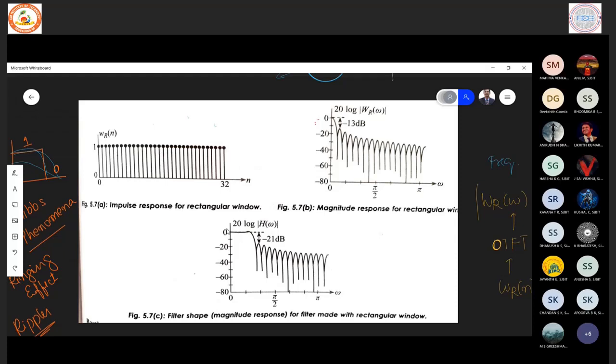H of omega is in dB scale, so the frequency response will look like this. From here you can see that the main lobe is quite wide, and the difference between the main lobe and the first side lobe is minus 21 dB. As we already stated, it's not a very good case, but since it is simple, we can still consider it.